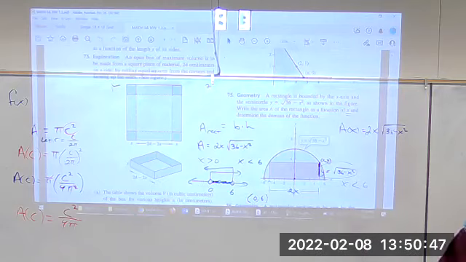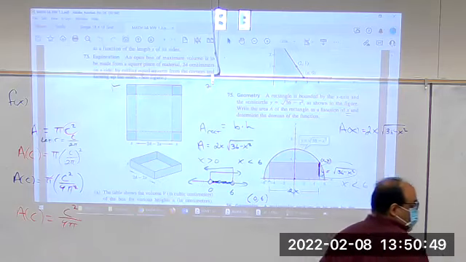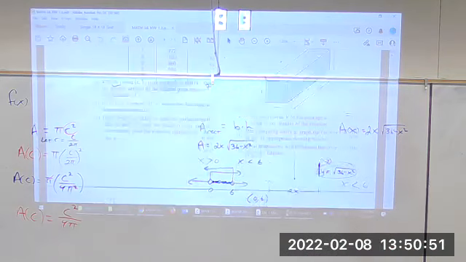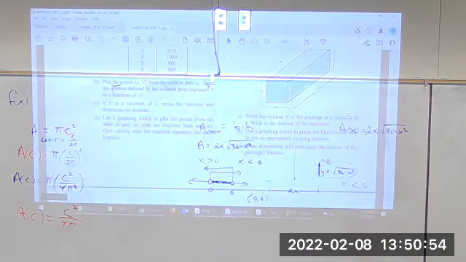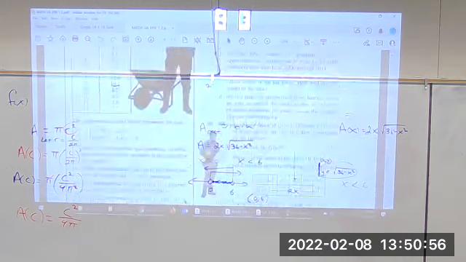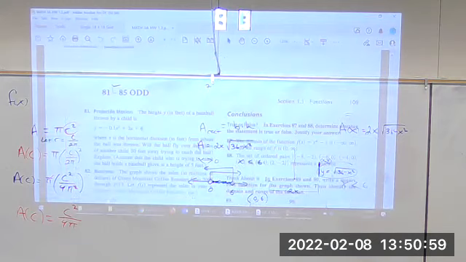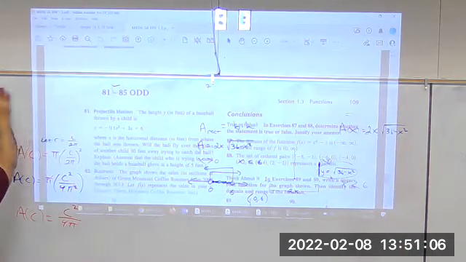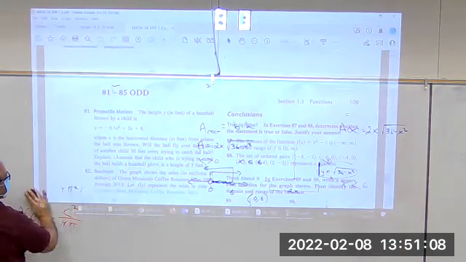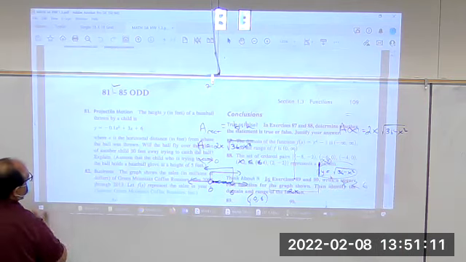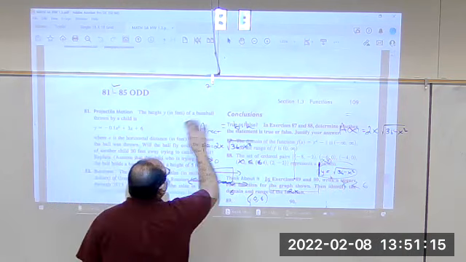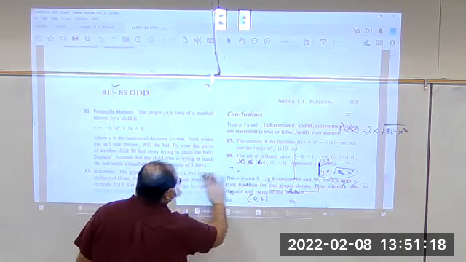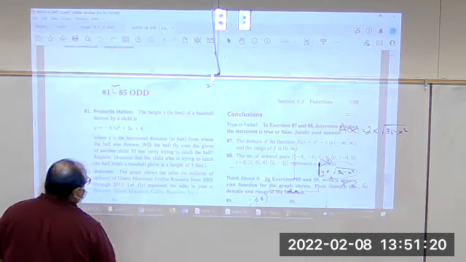Next one, 81. Projectile motion. The height in feet of a baseball thrown by a child is negative 0.1 x squared plus 3x plus 6, where x is the horizontal distance in feet from where the ball is thrown.